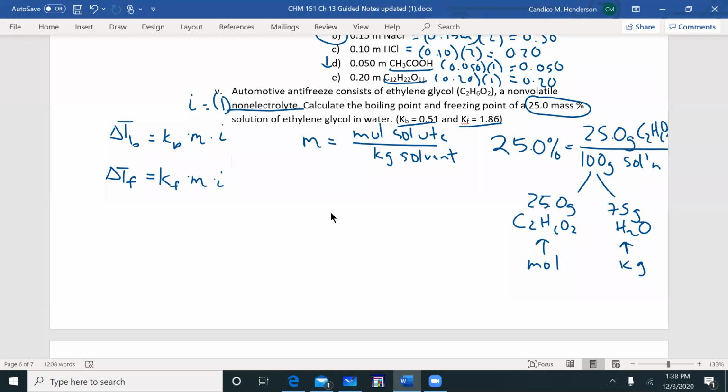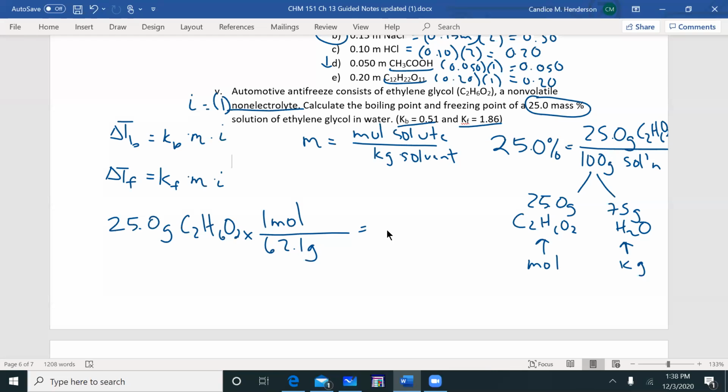So let's convert our 25 grams. 25.0 grams of ethylene glycol, C2H6O2. If we divide it by its molar mass, it'll get us into moles. The weight of this is 62.1 grams.